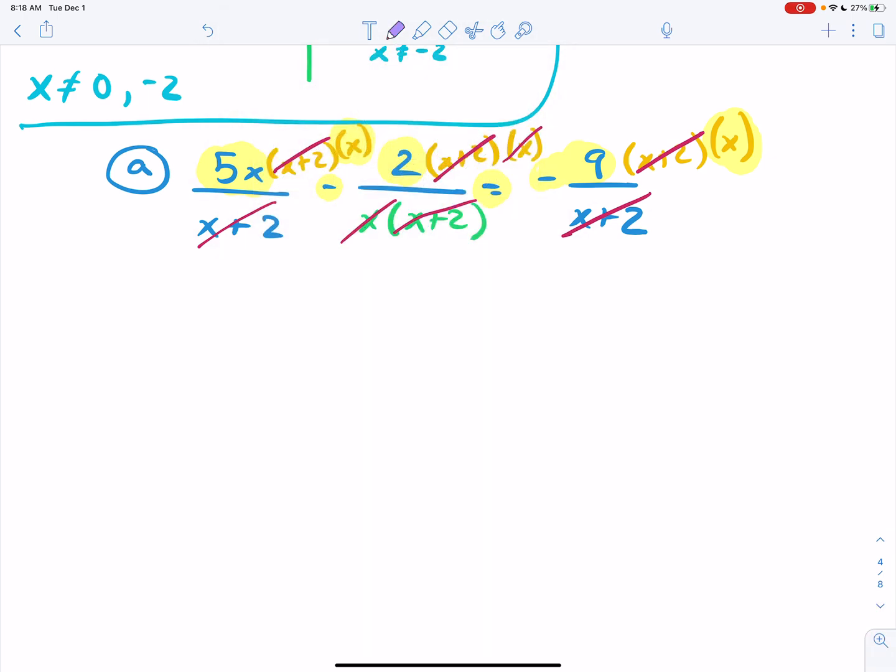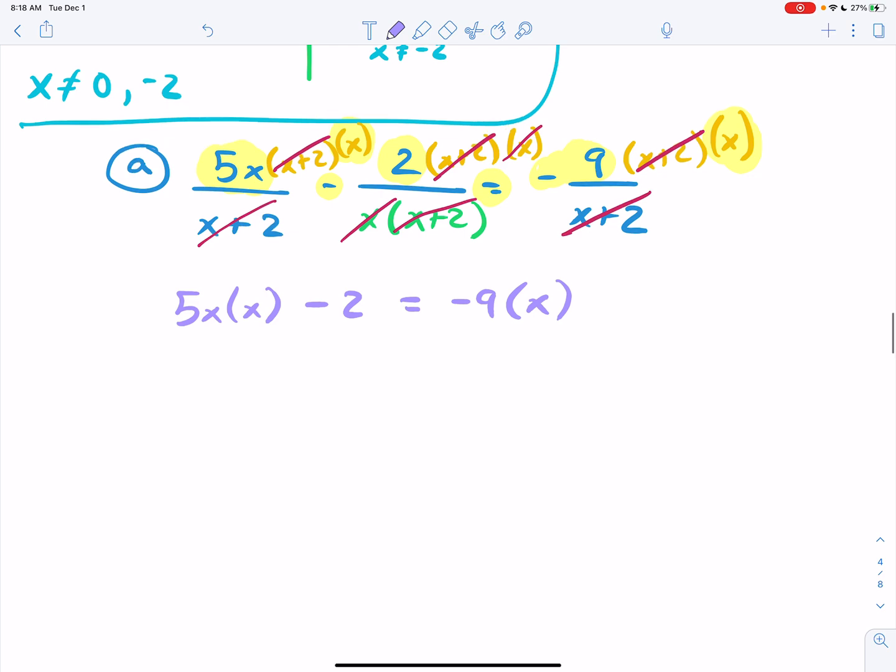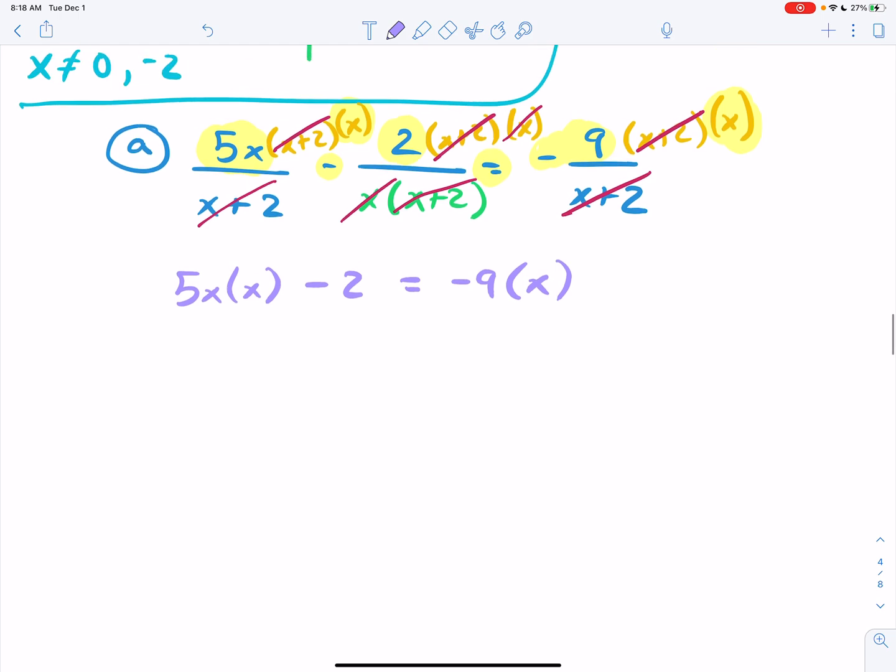Here we go. 5x times the x minus 2 equals -9 times x. Okay? That's probably the most challenging step because you have to be super organized, okay? But after this, everything else is not that bad. By that I mean you see the same things over and over, okay?